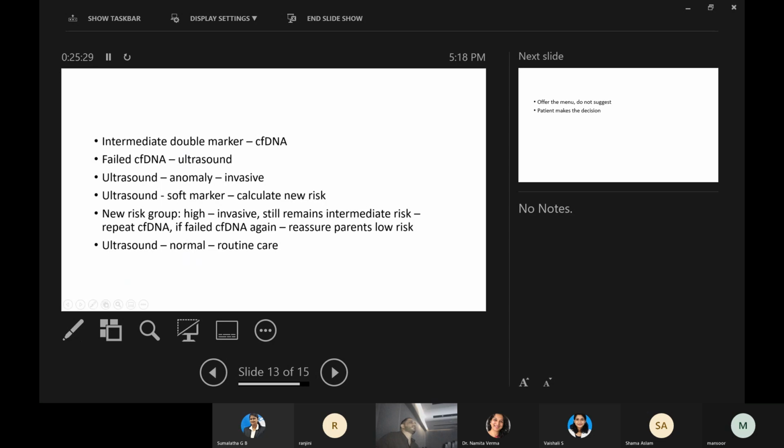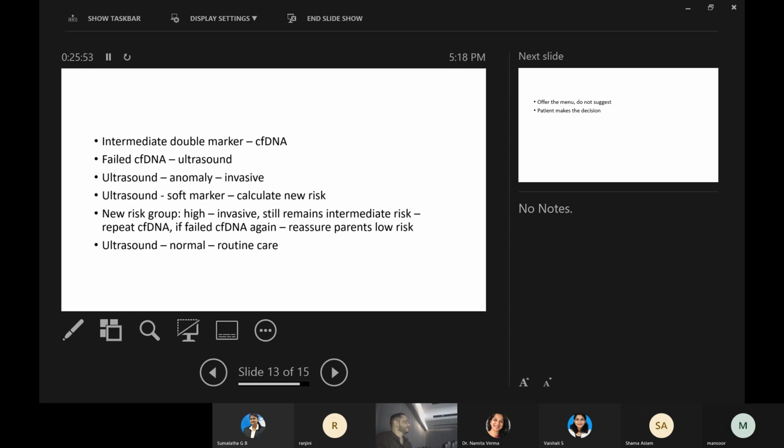So intermediate risk on double marker, do cfDNA. What if cfDNA fails? A failed cfDNA report will not come as failed NIPT. They give it as no result or no call. They say that the fetal fraction was low. Now, this often happens when the patient is obese with high BMI.